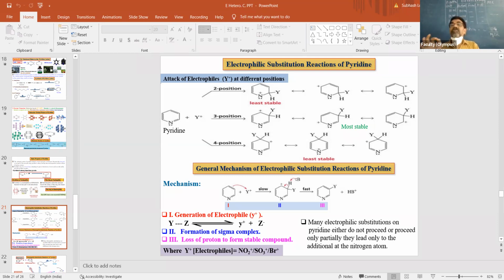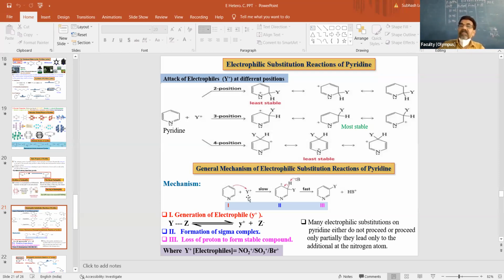It means pyridine on nitration gives 3-nitropyridine, not 2-nitro. Sulfonation gives pyridine-3-sulfonic acid. The 3 position is most important. The 4 position is the same as 2, less stable. What is the probable mechanism?